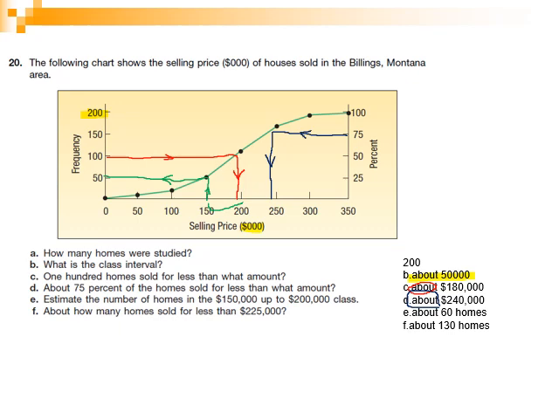Another question: how many homes sold for less than $225,000? So the information is on the horizontal axis, which is 225,000, and we will get the answer from the vertical axis, which is how many homes. Now, this value is in this class.